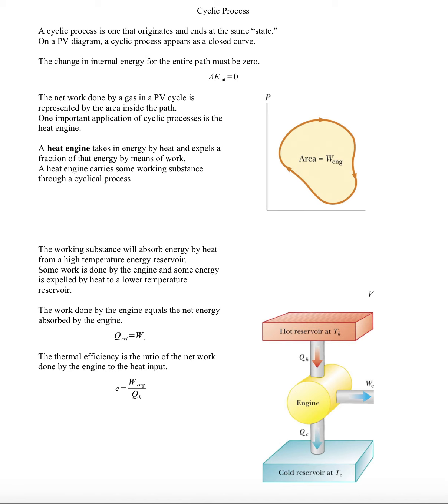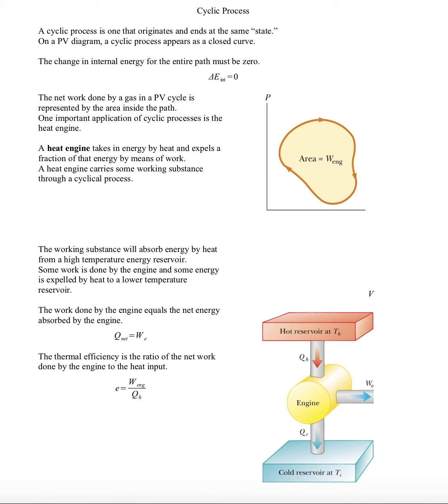A cyclic process is what an engine does. It's one which originates and ends in the same state. So on a PV diagram, pressure versus volume diagram, the cyclic process will appear as a closed curve. In the case of a gas, it's going to be compressed and then expanded over and over again in a cycle.